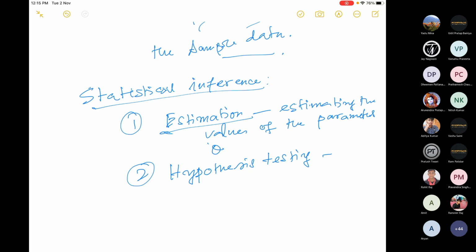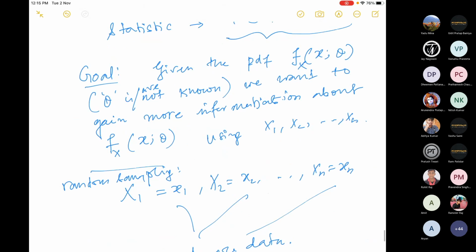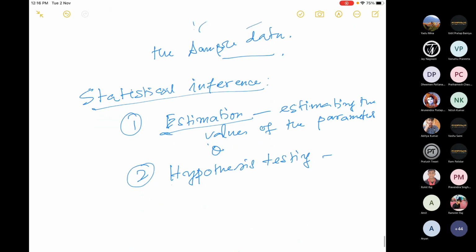Now, hypothesis testing, in a broad sense, is about understanding whether my hypothesis about the PDF is true. If I assume that the PDF is normal, I have to test whether that hypothesis is true and how true it is. So this is about the hypothesis on the distribution of the population. We'll also talk about that maybe next week.